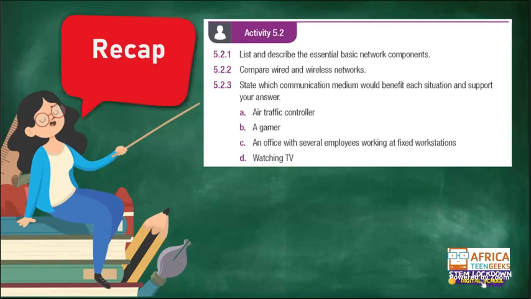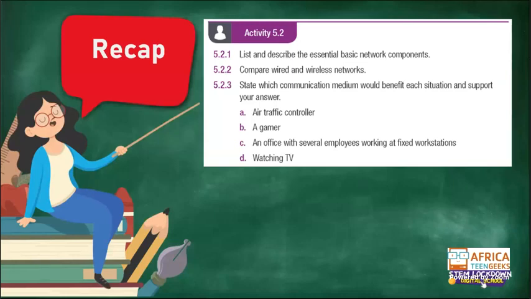Good. What else? Network operating system. Perfect. You need an operating system, communication medium. That's good, Kamu, good. Lesego, good. Excellent, right? What are the communication medium?